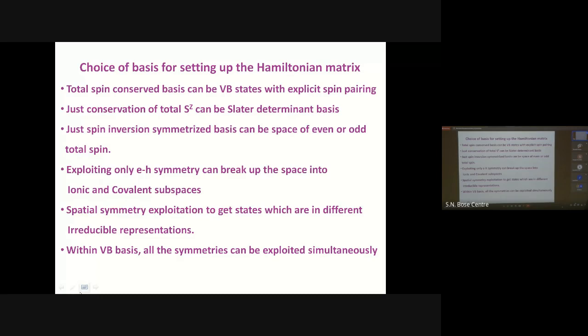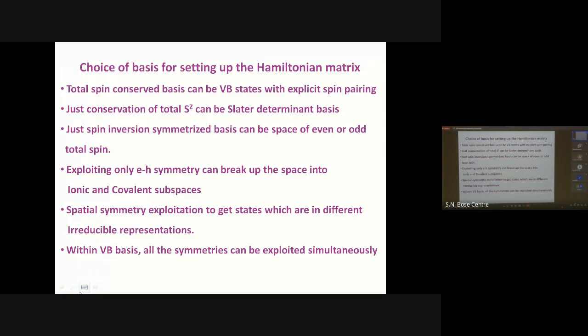So when you do an exact diagonalization calculation, you have to choose what basis you are using. If you are going to use a basis which conserves total spin, then you will use valence bond states. If you want to conserve only the z component of the total spin, you use the Slater determinant basis. And if you use just the spin inversion symmetry instead of any of these symmetries, then you will have even or odd total spin.